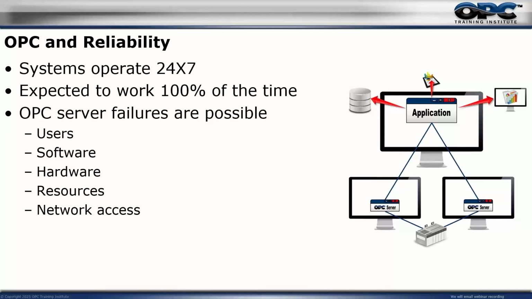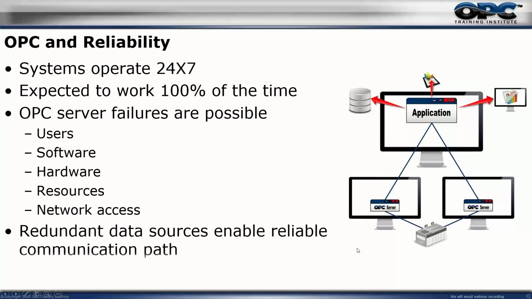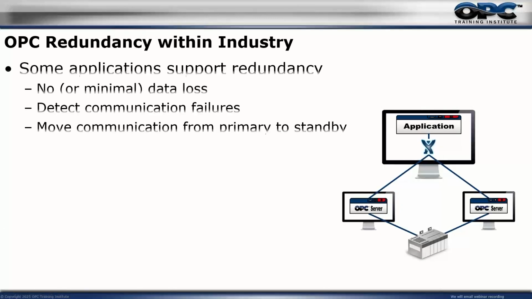Or it may be the case that you just don't have network access from your application to this OPC server. And in all those cases, redundant data sources enable us to have a very reliable communication path. In other words, if the communication path over here on the left fails, we want to move over to the right, and hopefully this is done automatically.